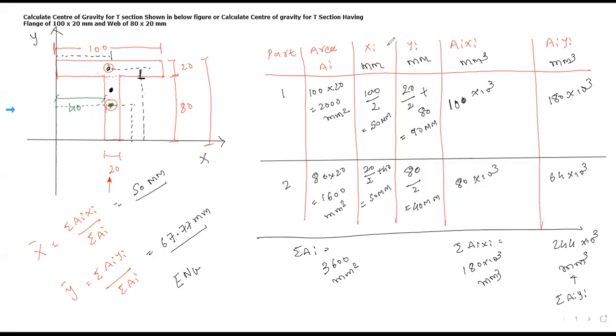Okay, I am changing the color so you will get better understanding. This is your y bar. We have already calculated this value, 67.77. And this value you already calculated, 50 mm. This is your x bar. Is it clear or not?